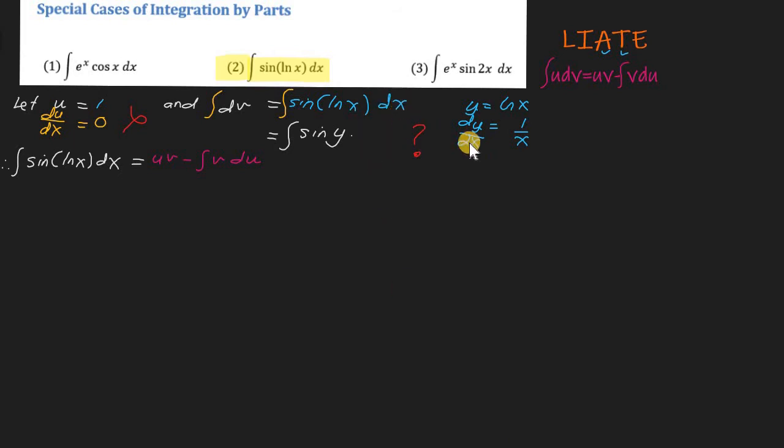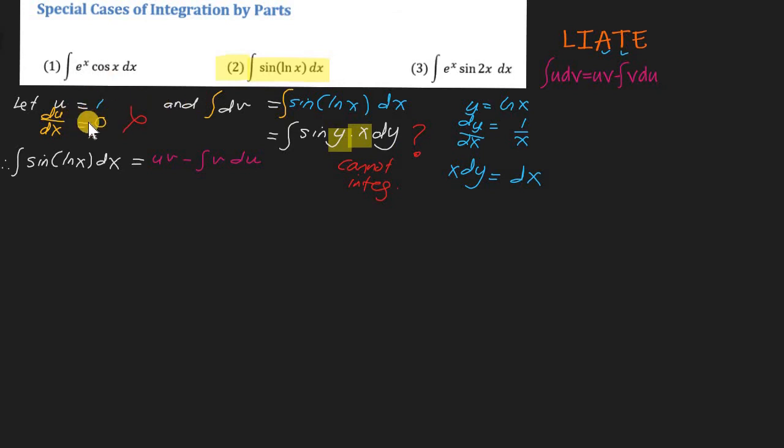As we have to replace our dx, there's an x there, so dx is x dy. Up to this level, you cannot integrate. Why so? Because there are two variables involved, y and x. So even though it says algebra comes first, it does not work for this case.